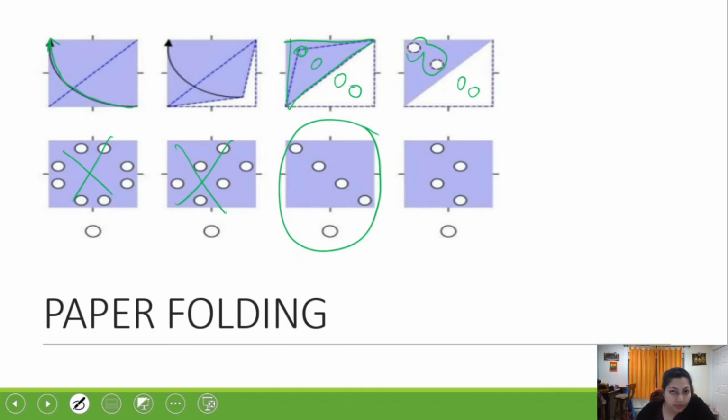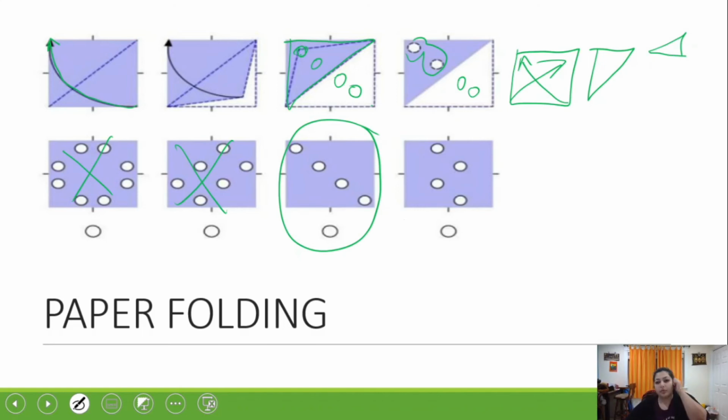If it is more than four, that means we are looking for something with two folds. So the paper folding will be once this way and then another this way. So we will be expecting first this, and then probably something like this. So it depends on two things: the number of holes and the position of the holes. It's a simple mirror image thing.